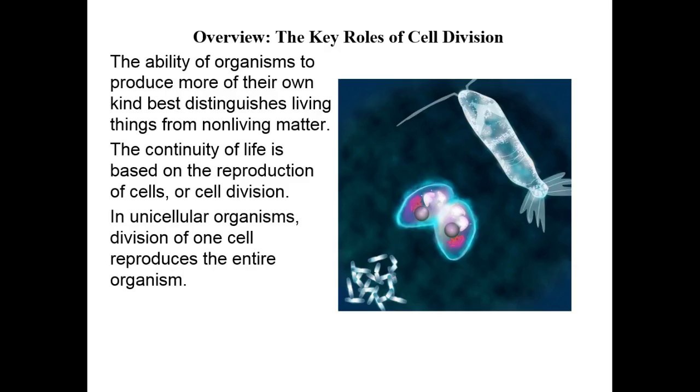But then, moving on, we have this theory that all cells come from other cells. So every cell is from another cell. And the only way that's going to happen is if we have a way to reproduce. So there is an overarching premise that the ability of an organism to produce more of their own kind best distinguishes living from non-living matter, this ability to reproduce.